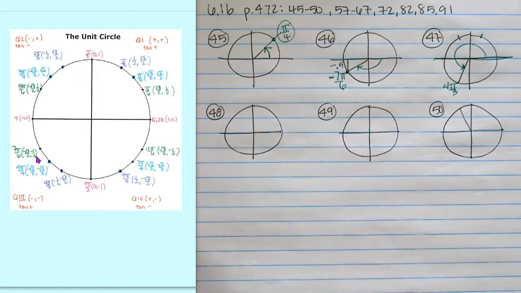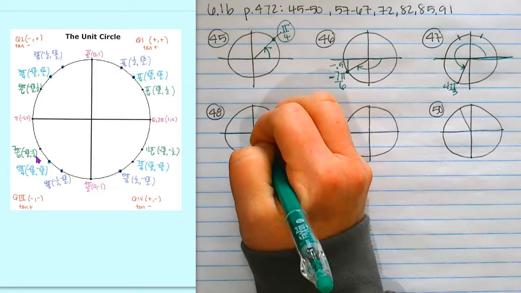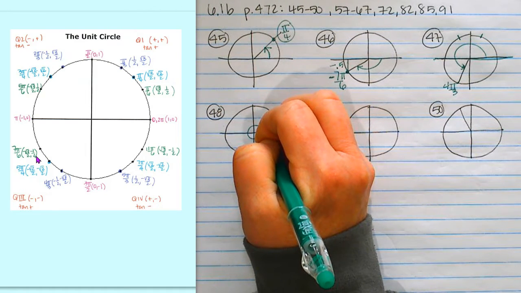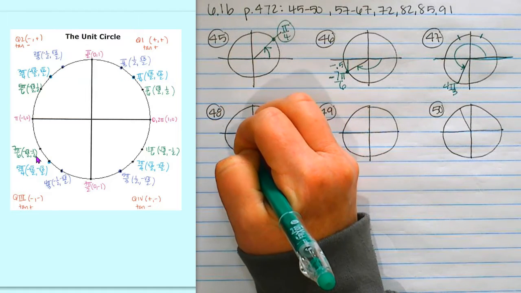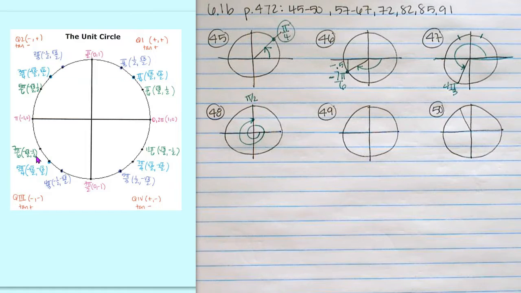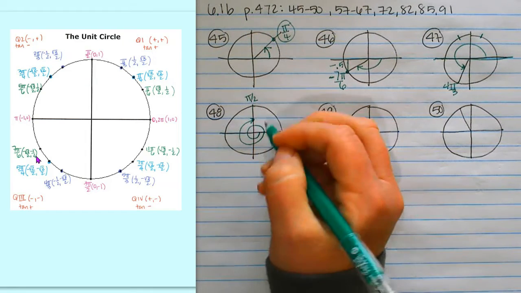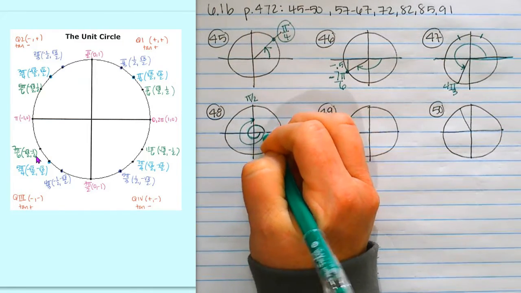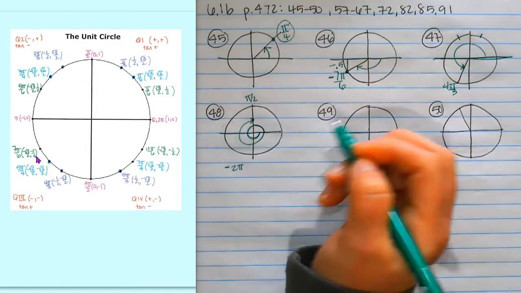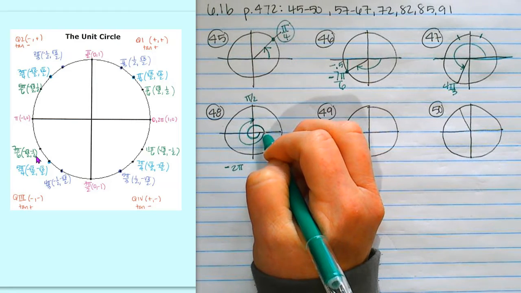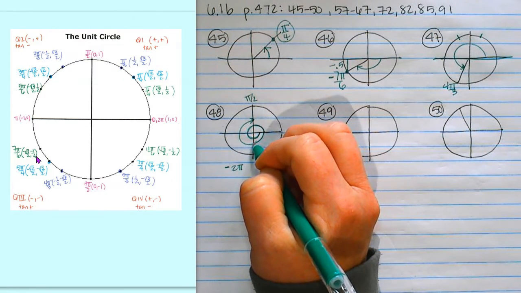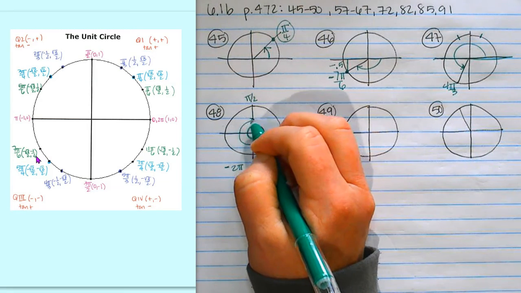48, we've got to go around in a circle. So 48 says go down, so negative, and here's one complete revolution, and then come all the way back around to here. So we're ending at pi over 2, but we went all the way around once. So the once all the way around this part is 2 pi, and we went in the negative direction, so we went negative 2 pi backwards around the circle, and then we're going to go another pi over 2, pi over 2.